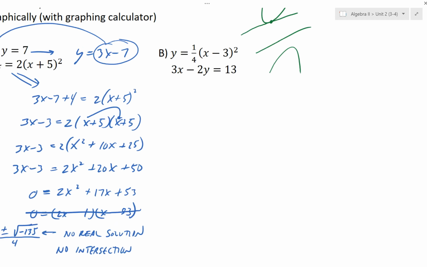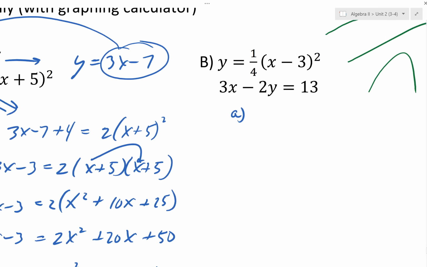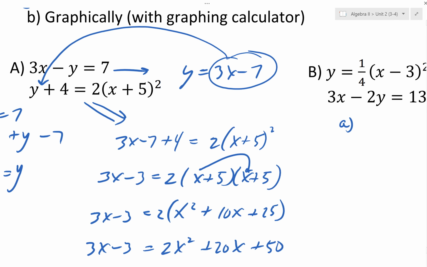All right, and then if we go to example B, we're going to do the same two methods. We're going to solve it algebraically and graphically. To solve it algebraically, remember I used substitution the last time. We can use substitution again, but one thing that's going to be different is in the previous problem, we got y by itself in the linear equation because it was really easy.